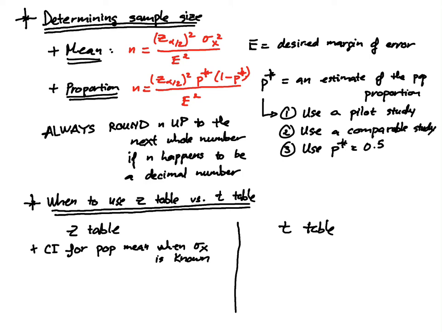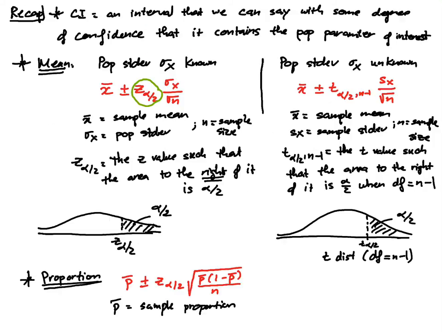All right. So let's see where else we use the z table. If you look down here, when we construct the confidence interval for the population proportion, we also use the z sub alpha over 2.